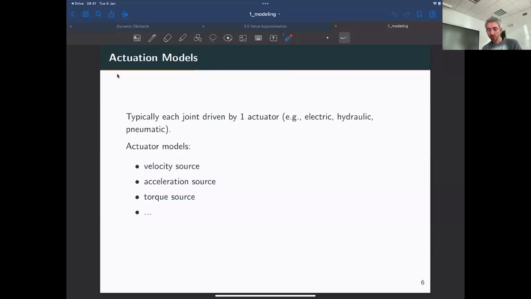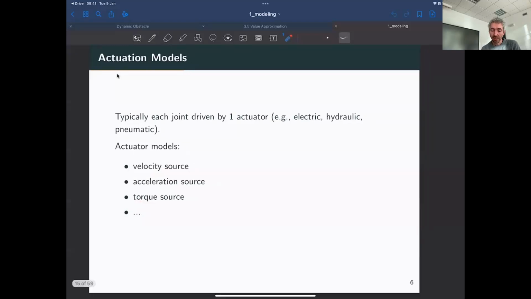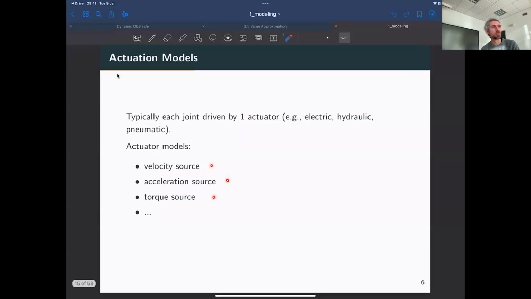And it's important that we discuss a little bit about actuators, because depending on which actuator your robot has, you might decide to model them differently. Because actuators can be modeled either as a source of velocity, a source of acceleration, or a source of torque. Well, we might have also other options, but these are the most common three. And which option is the most suitable?